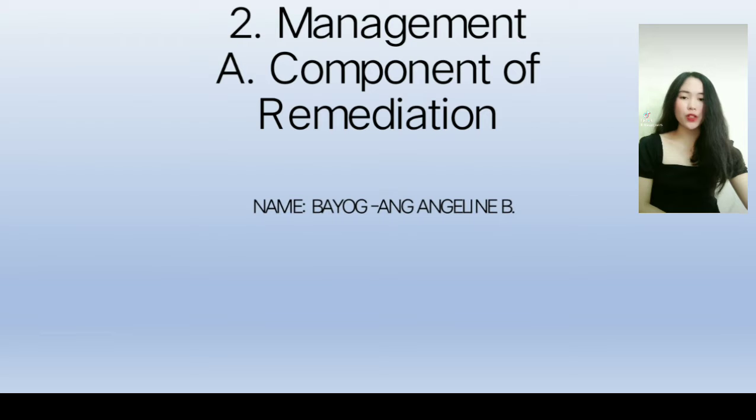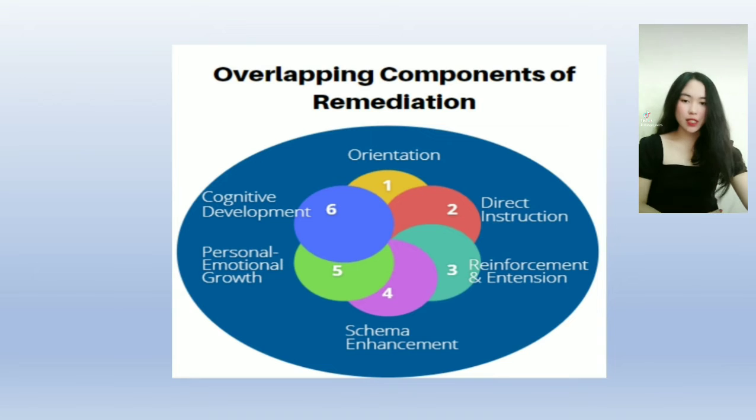To ensure that the program is effective, one must consider the six components of an ideal remedial program. This principle may also be applicable in remediation for other skills aside from reading.